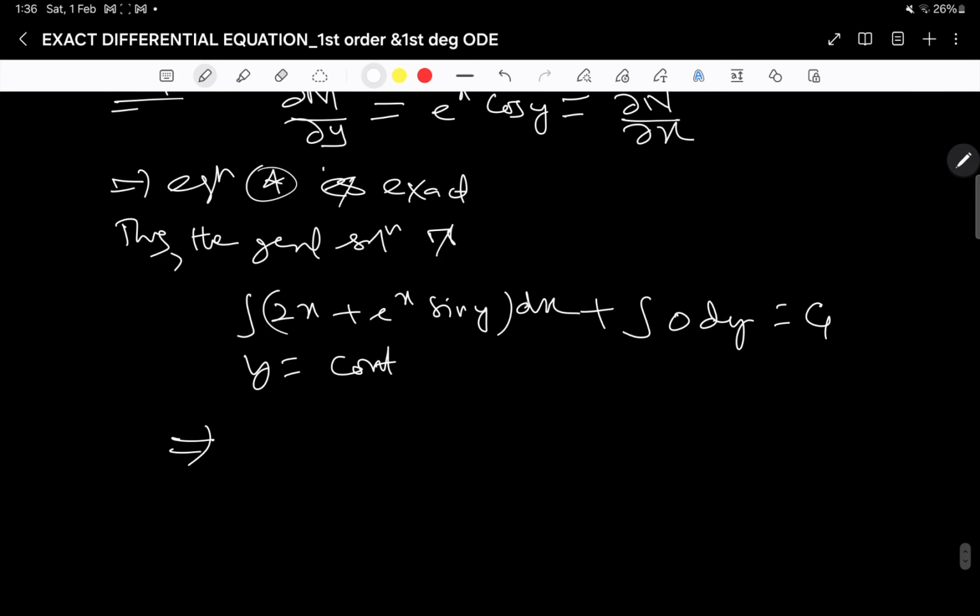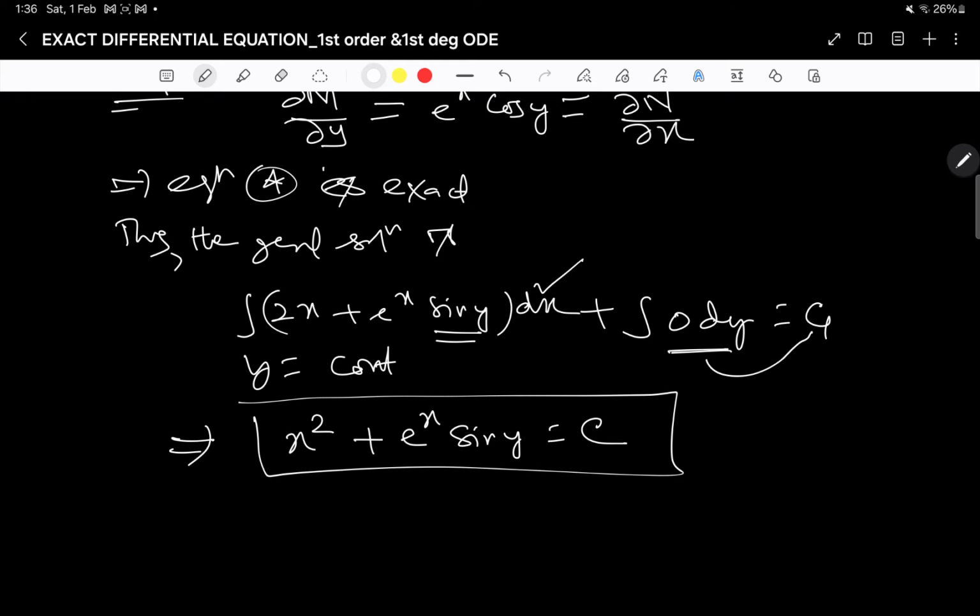So now integrating with respect to x, treating y as a constant, it is x² + e^x sin y, and there is a constant, and this constant merged together is my c. So this is my general solution.